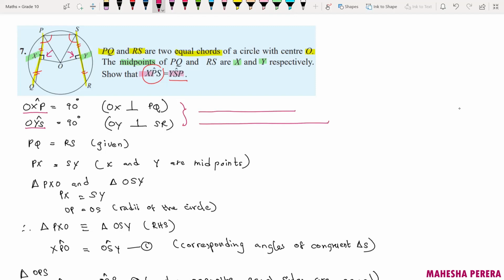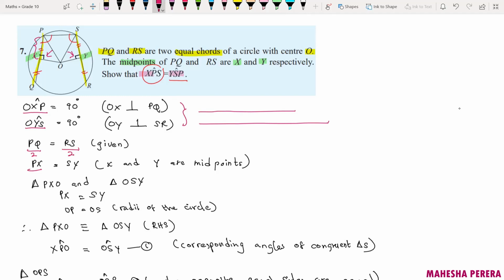And then it's given that PQ equals SR. So these are our chords, two chords. Right. Next, if you take half of each chord, again they are equal. So PX means actually this length, half of chord PQ.